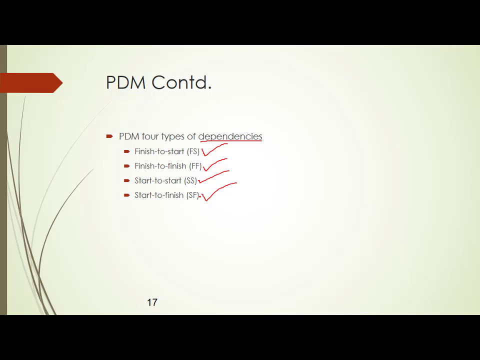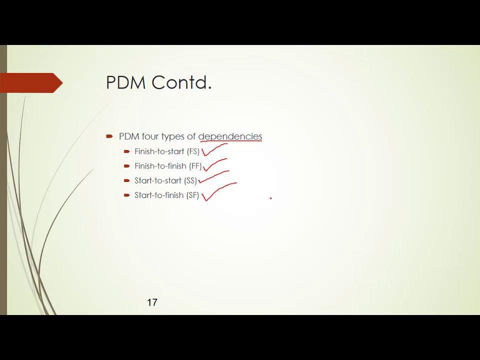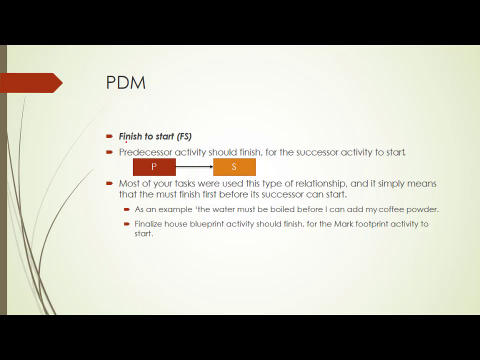I'll explain in a very simple way how to understand finish to start, finish to finish, start to start, and start to finish by taking some examples. Let us consider these 2 activities only, activity A and activity B, and how we make sure these things are understood. The first one we shall see is finish to start.